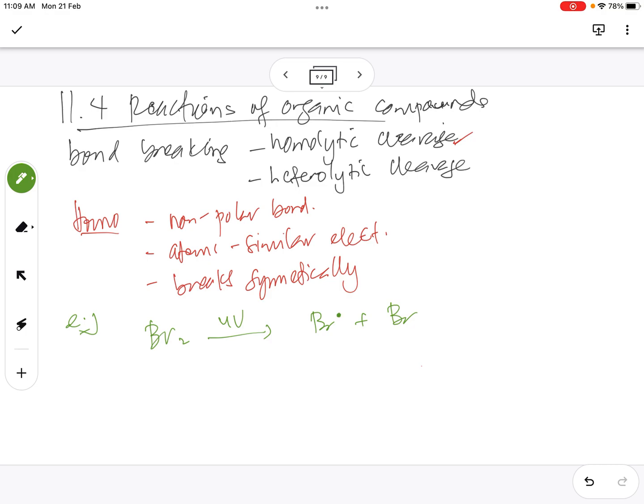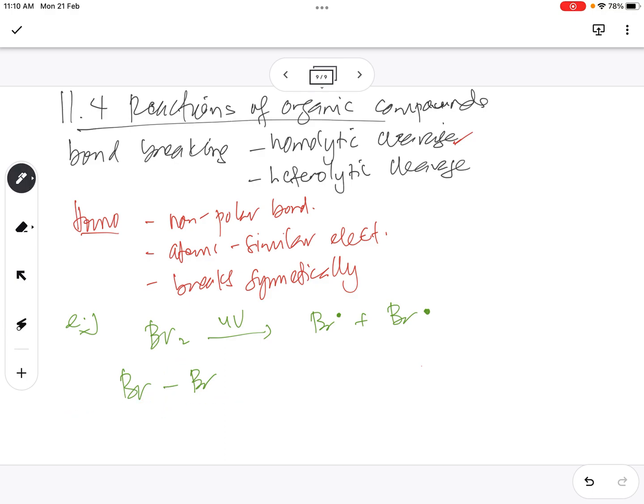That means this bromine molecule undergoes homolytic cleavage. Reason, this is a non-polar bond, and atoms of similar electronegativity cause non-polar bond. They break symmetrically, and the left and right are the same.